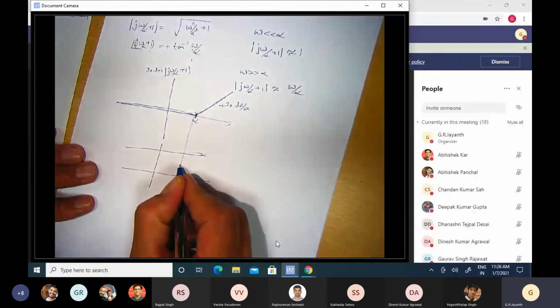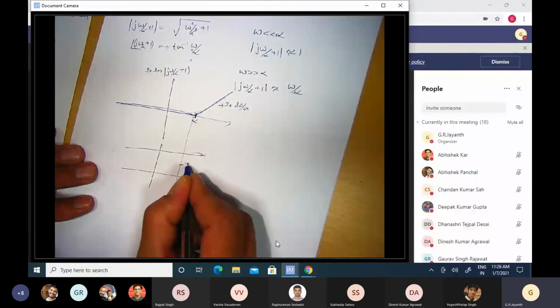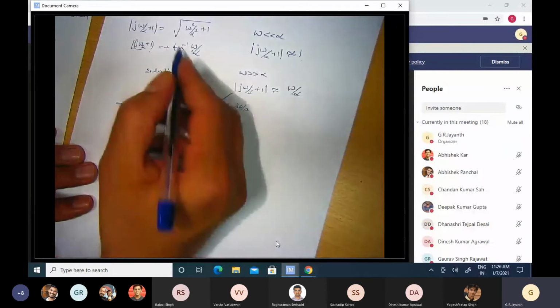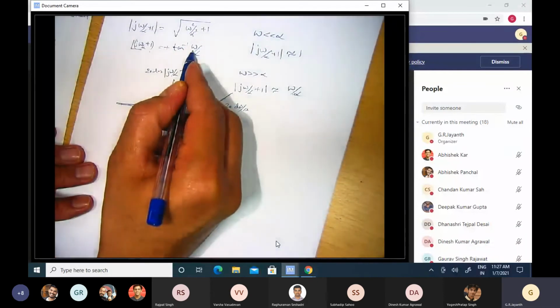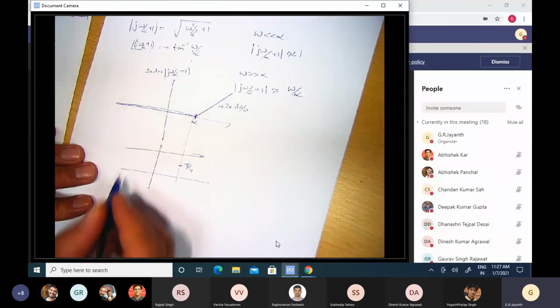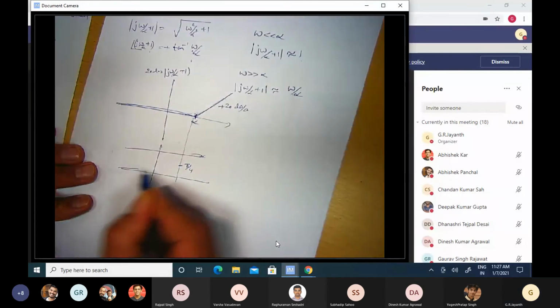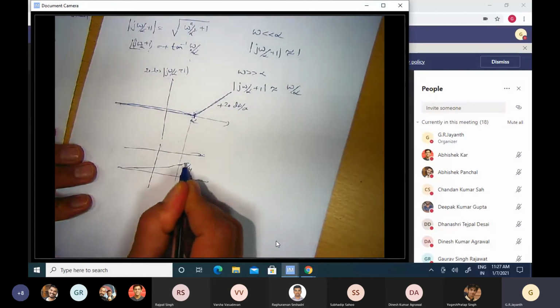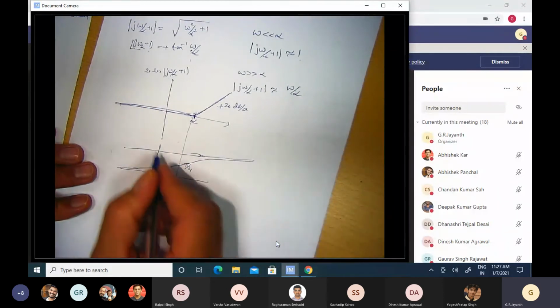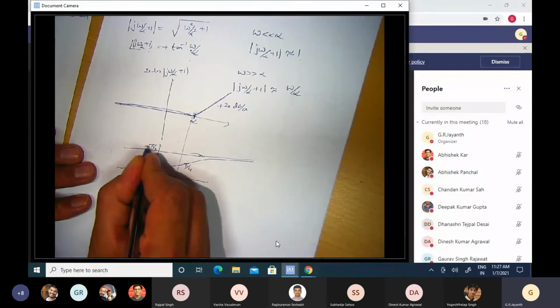So at omega equal to alpha, the phase is equal to pi by 4. For omega much less than alpha, the phase is close to 0. It's going to roughly be equal to omega by alpha. So if I were to draw it roughly by hand, the phase curve is going to look something like this. As omega becomes very large, the phase asymptotically approaches plus pi by 2.